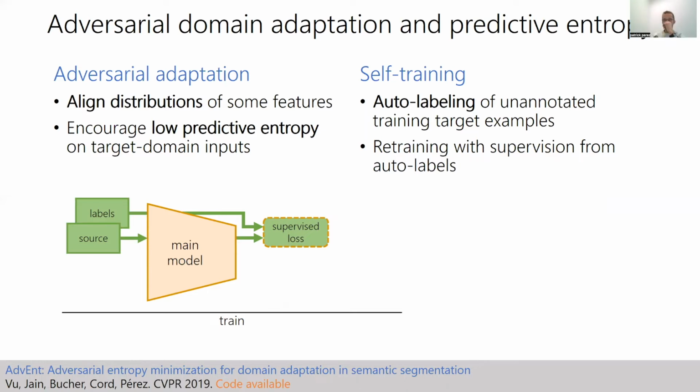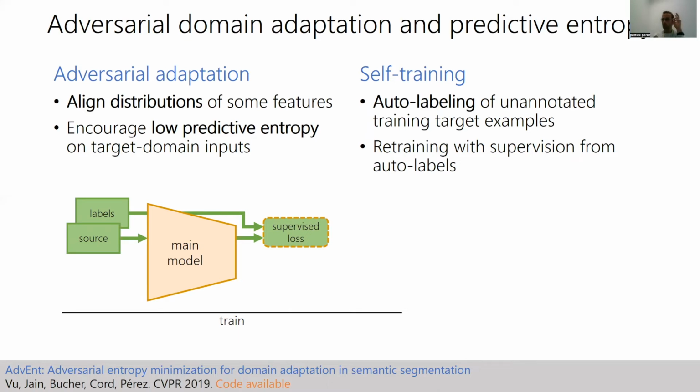The idea is that you want to train your main model using full supervision, at least for the source domain examples, in green here in this example, and at the same time use your unannotated target domain images or data. In order to do that, at training time you also try to align some features somewhere in the model across the two domains.